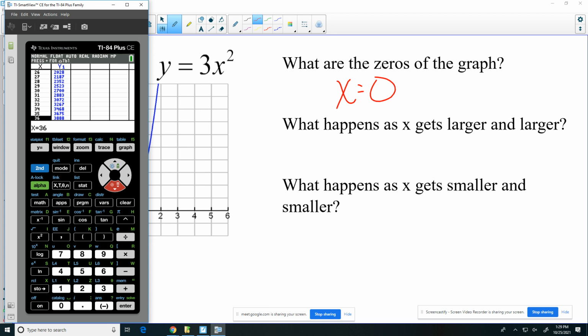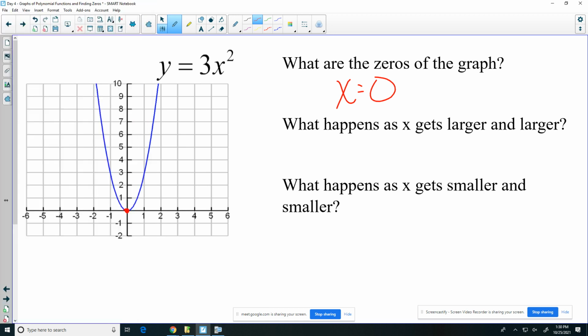They keep increasing forever and ever. I can see that by looking at my graph as well. As I move to the right, my x values are getting larger. This point is the point 1, 3. This point is the point 2, 12. So as my x values are increasing, so are my y values.